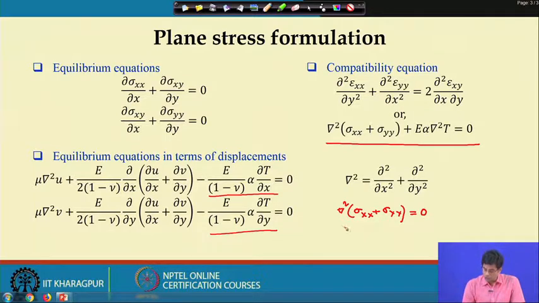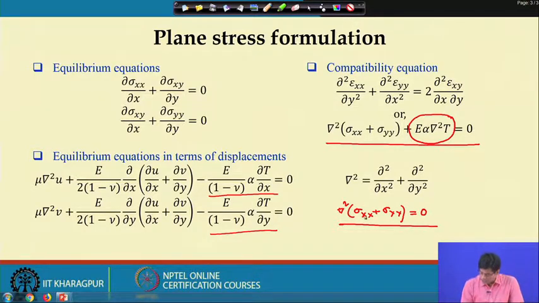Now the only modification is the thermal part of the deformation. This quantity is additive with the other quantity, so this is for thermoelastic deformation. Now you see this equation becomes a non-homogeneous equation, and the earlier one is a homogeneous equation.